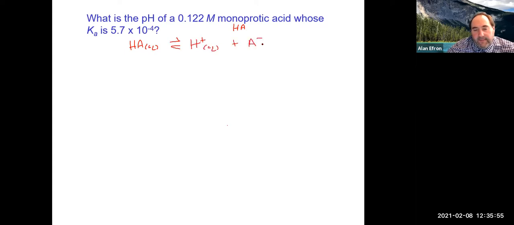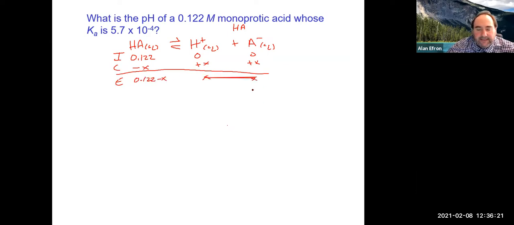We have the Ka value given to us. We're going to do our initial, which the only thing they gave us was this guy, so these guys will be 0. Change, again, we can assume it's going towards the product side, so minus x, and plus x, which means once we get down to equilibrium, 0.122 minus x, and x.